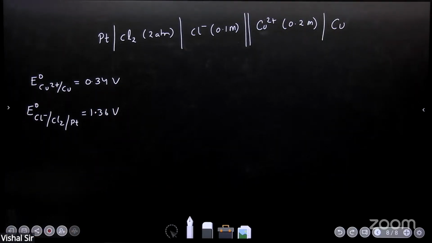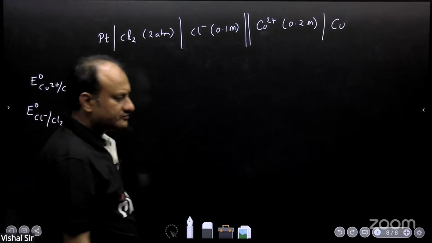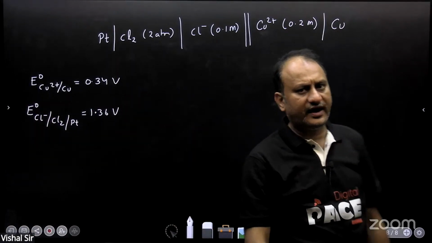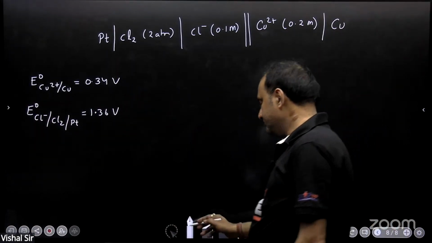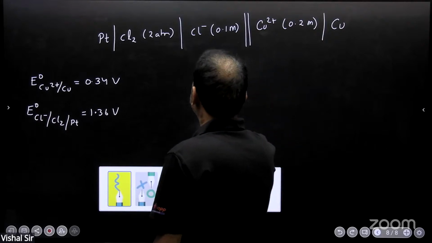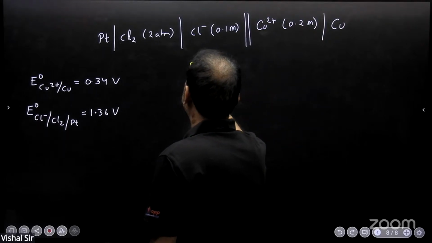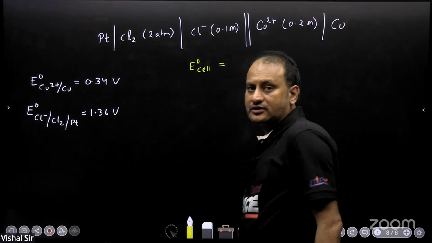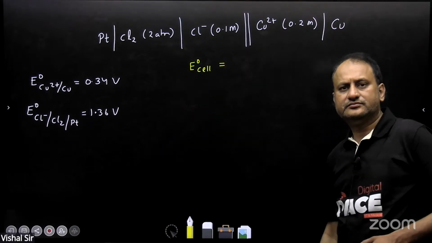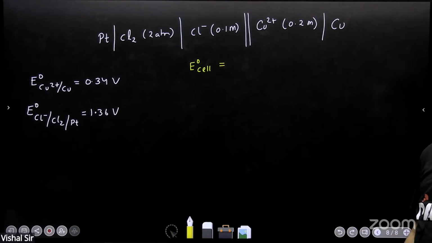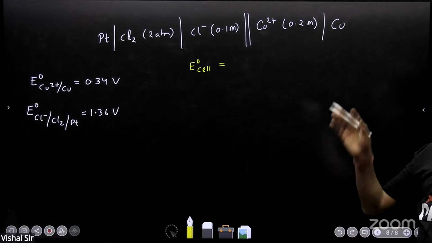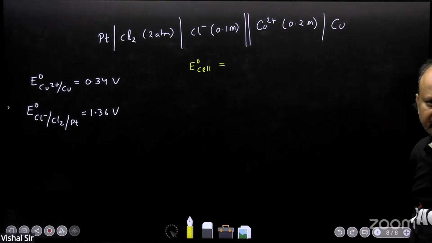So first step, let's find E naught cell. Copper is written on the right, which means copper half cell is the cathode and chlorine half cell is the anode.